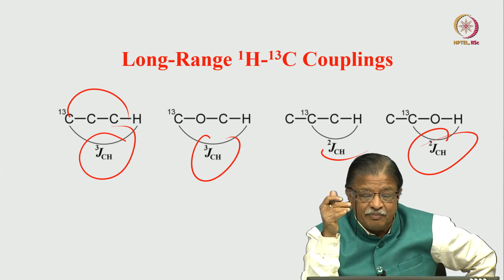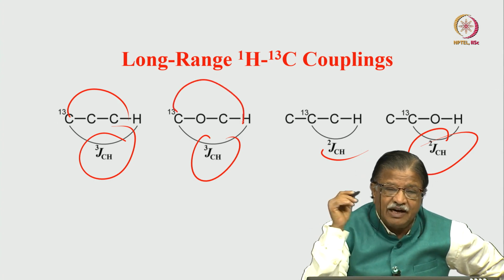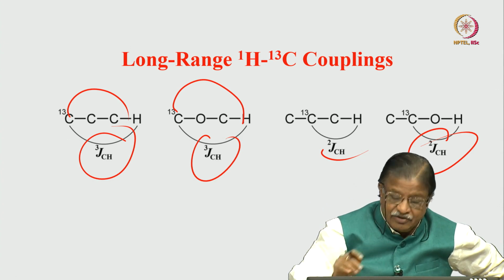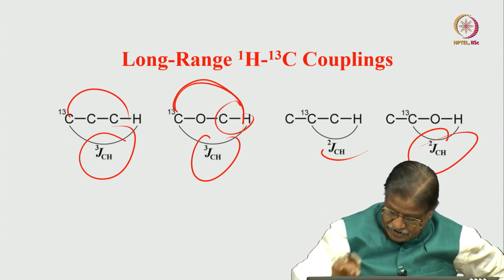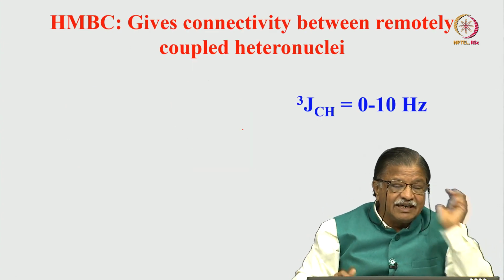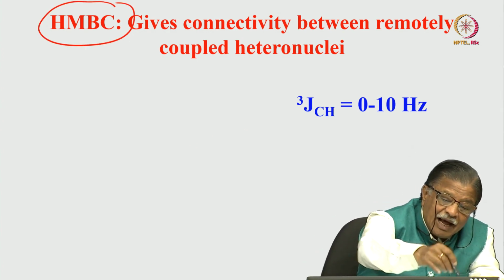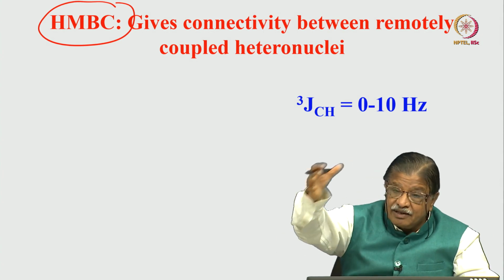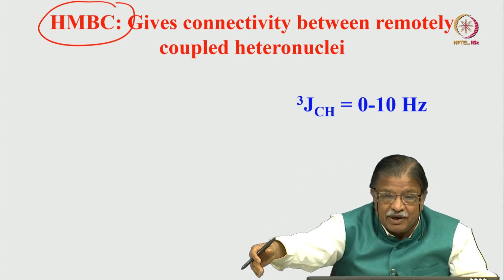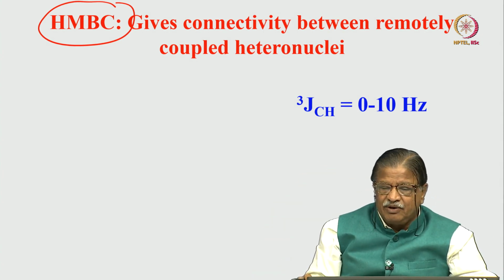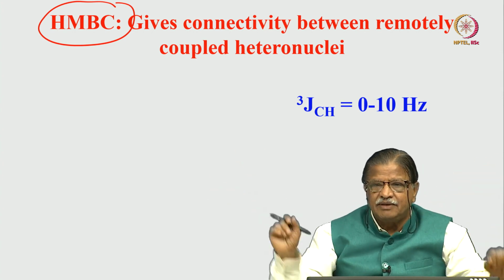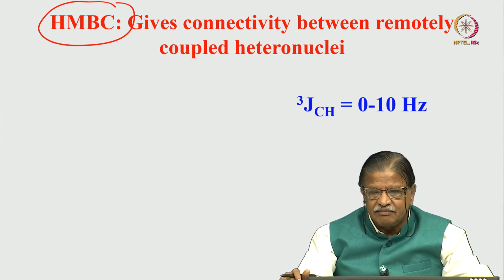What about long range coupling, if this proton correlates to this in a molecule like this, is it possible? Not this one, this long range. Yes, it is possible. That is called heteronuclear multiple bond correlation. That means several bonds are remotely coupled. Between two nuclei, proton and another spin, remotely coupled, can be correlated.